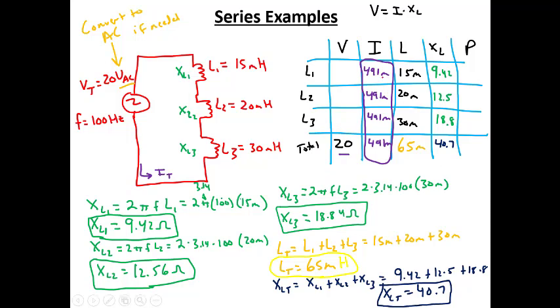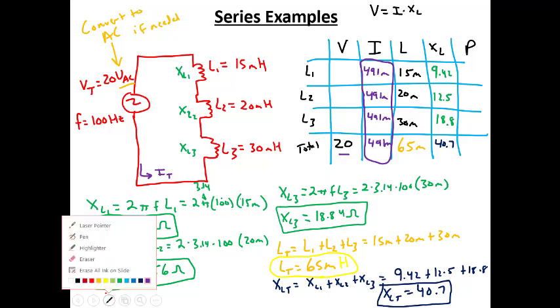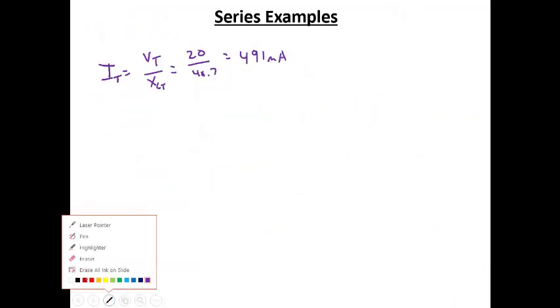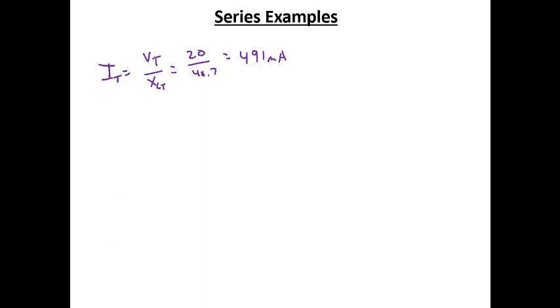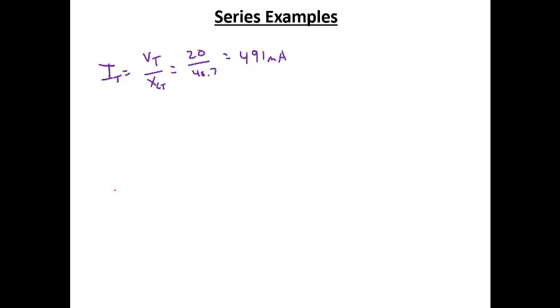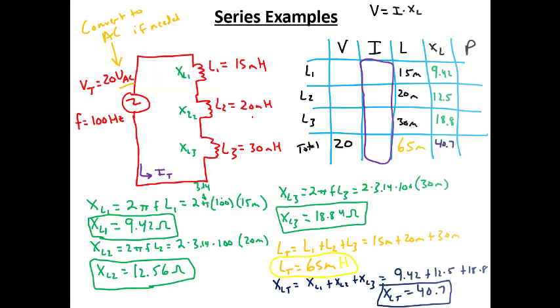So now the next thing we can do is find the voltages. I guess we'll use red, that's fine. So we have V1 is going to equal I1 times X sub L1. So I1 is equal to the total current. So we'd have 491 milli times X sub L1 is 9.42.